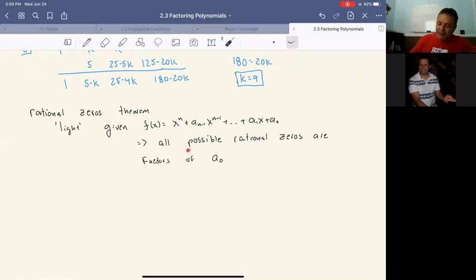Okay, so now the key word in this question is possible. Okay, so when you see the word possible, what you're going to want to do is what we're going to do in the beginning of this next couple problems.